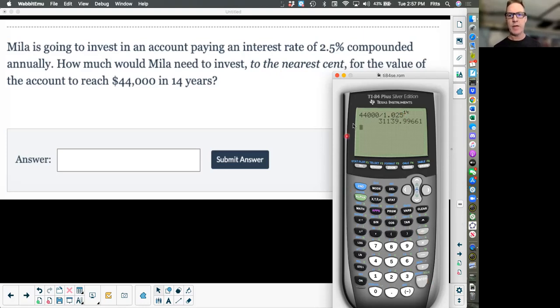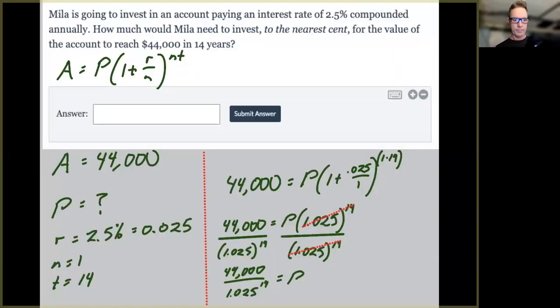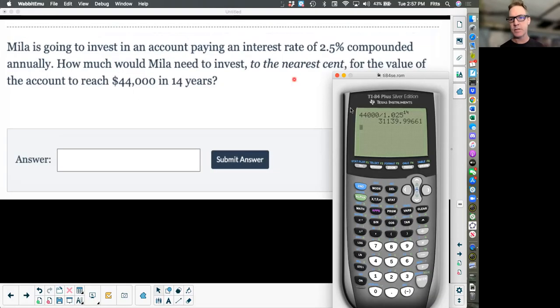And I get 31,139. Let's see if I got that right on here. 31,140. Oh, what did I do? Let's take a look. Oh, I need to round this to the nearest cent. So if I hit math, scroll over, round, second answer, and to the nearest cent, that would be 2 decimal places, right?